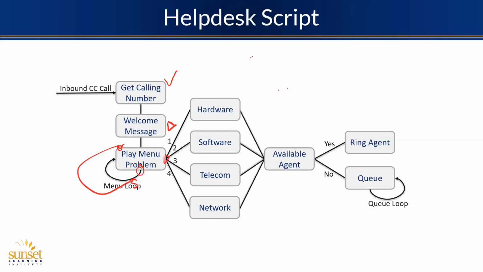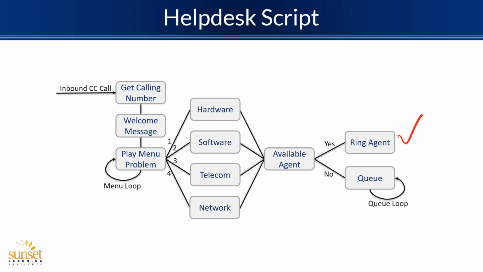Once we select why we have a particular problem in this help desk script, the next thing we're going to do is try to route this call to an agent. If I try to route the call to an agent and the agent becomes available, sure, ring the agent. But if nobody's available, either they're not ready, or nobody's logged in, or whatever the case may be, the agent's just not available inside of our environment, then I want to queue this call.